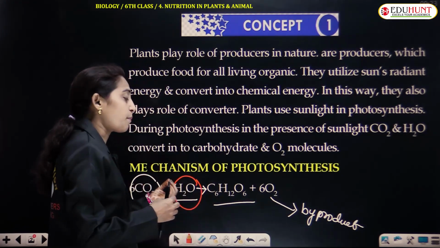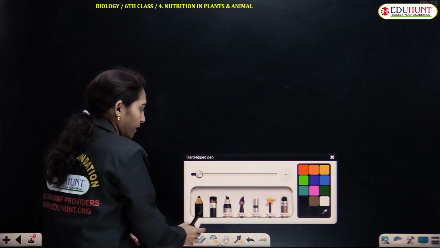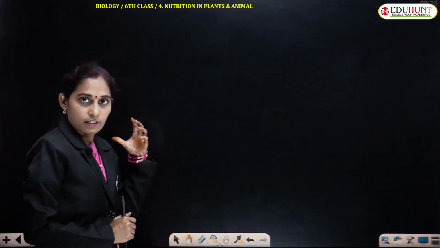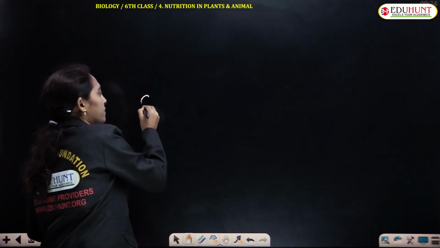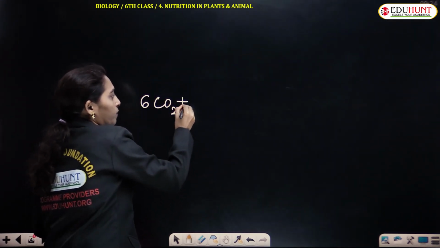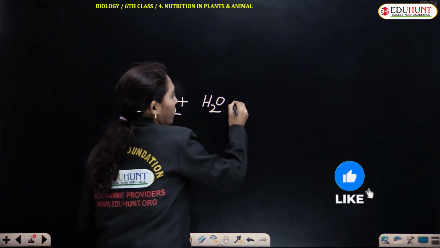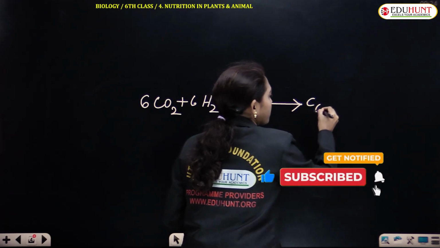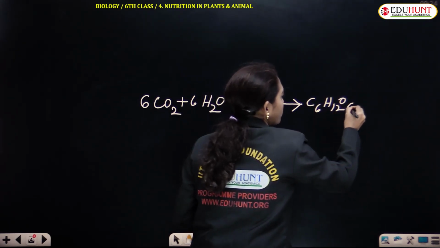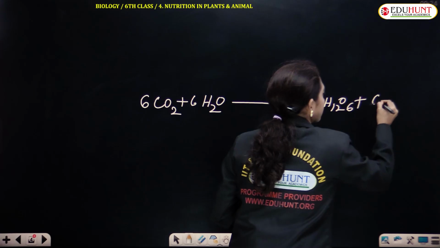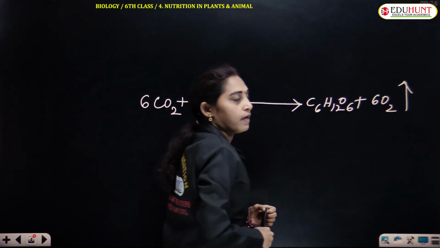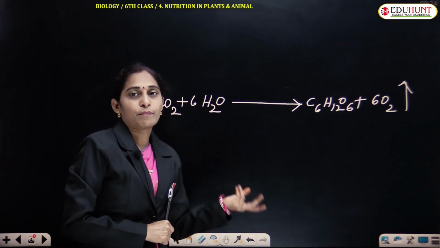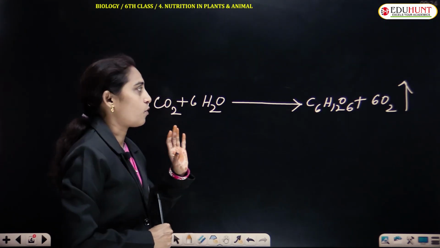Let's see the photosynthetic reaction, that is 6CO2 plus 6H2O gives rise to C6H12O6 plus 6O2. I am putting an upward arrow because it is a gas, the byproduct that is released into the atmosphere.